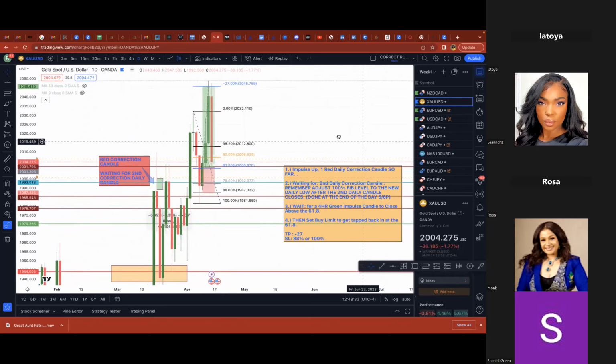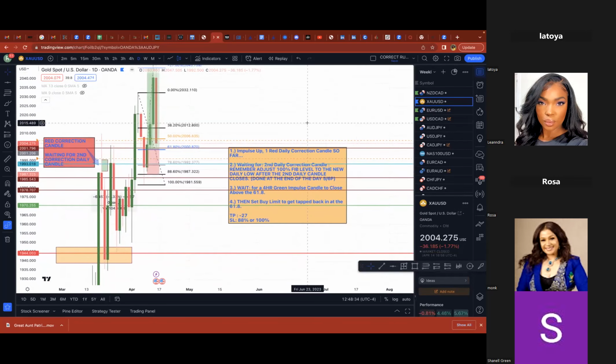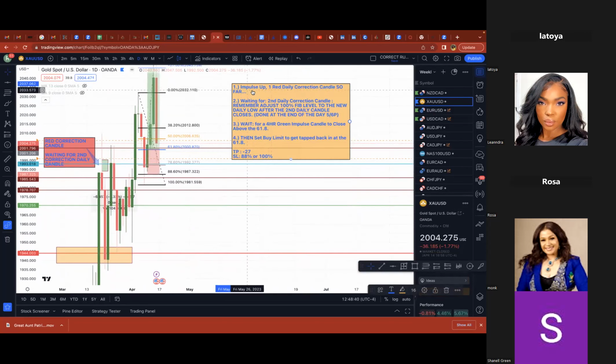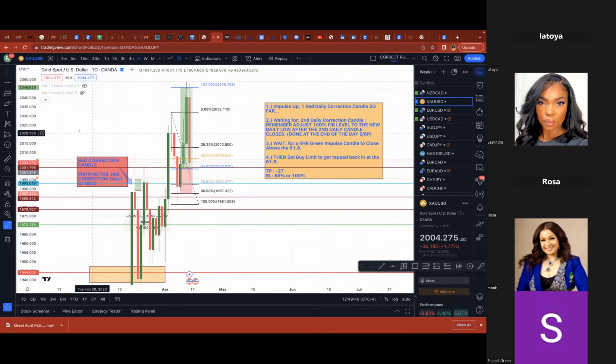Okay, for example, here. Number one, if you're looking for buys, you're on the daily. When you're on the daily and you see an impulse, which is large candles to the upside, all one color, keep in mind they have to be all one color for the strategy to have the best outcome.